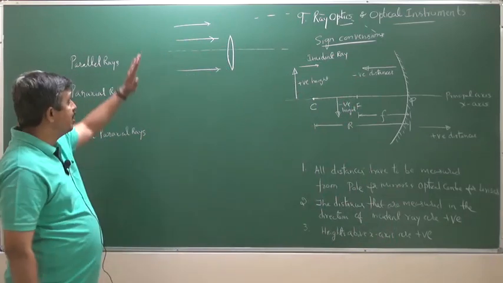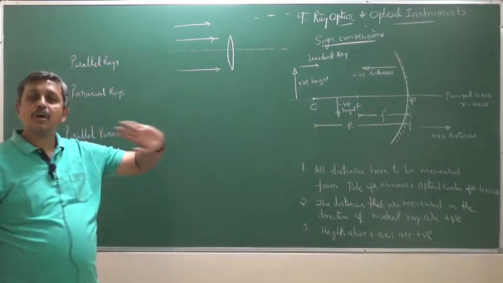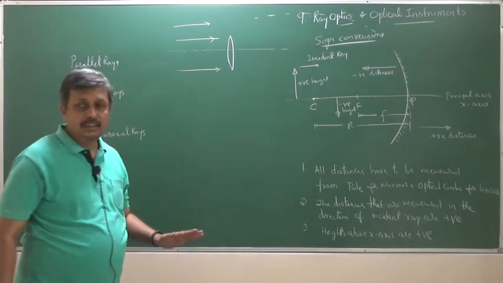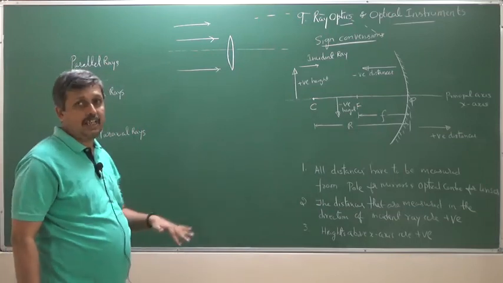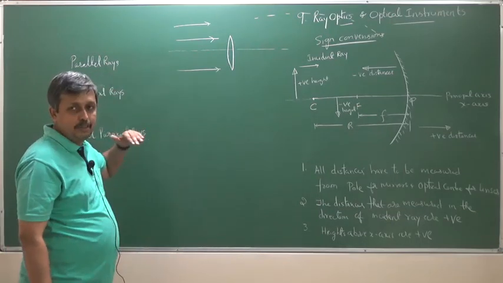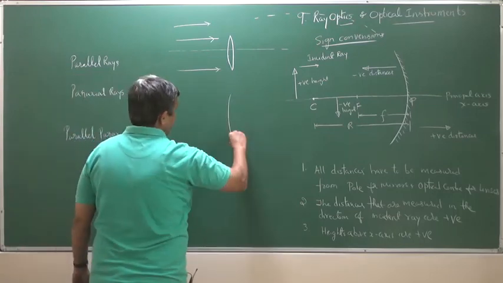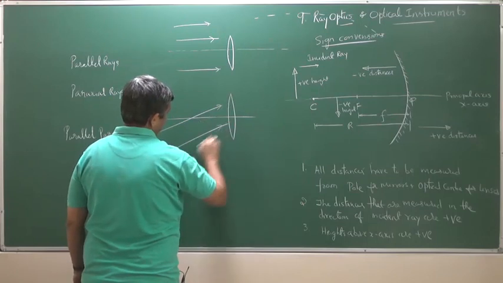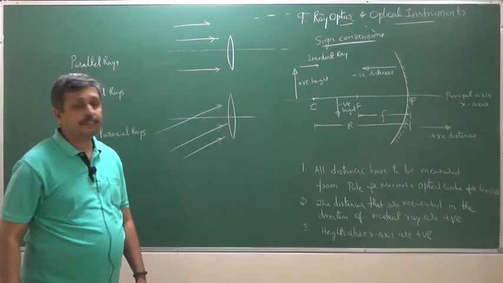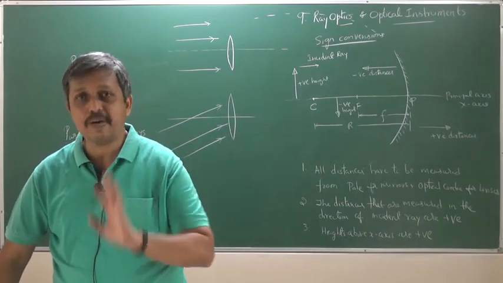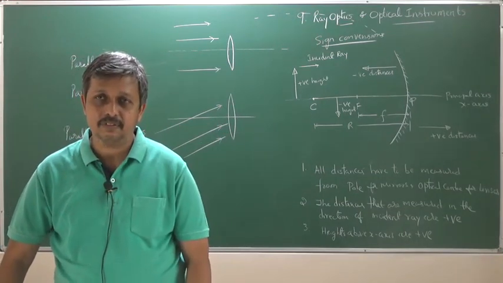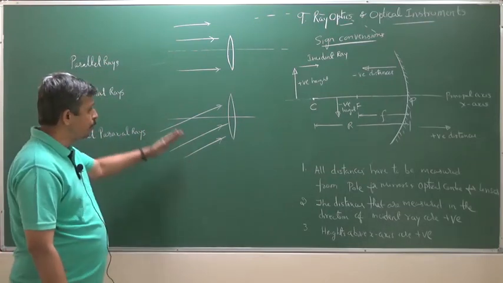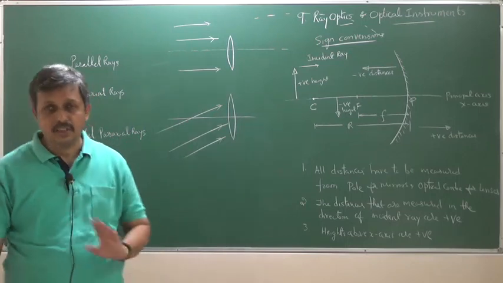So if the rays are parallel to each other, they are called parallel rays. It is not necessary that it has to be parallel to the principal axis. When I say parallel rays, it can be like this, or it can be like this. So they are also parallel. Whenever we talk about parallel rays, the meaning is that the rays are parallel to each other. That is all.